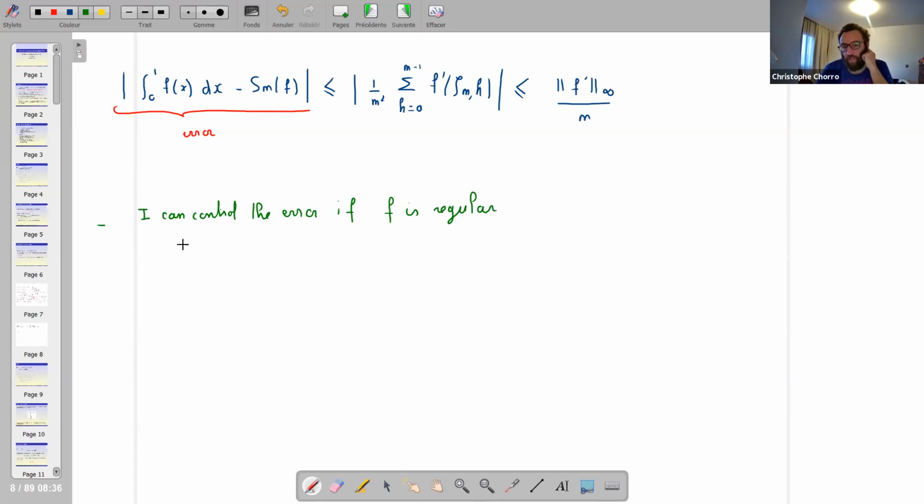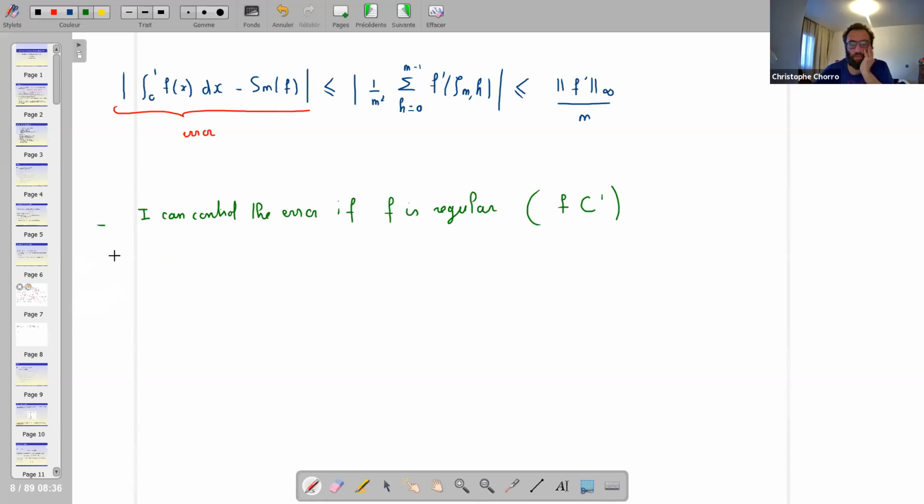I need f to be at least C1 if I want to obtain this inequality here. Typically, if f is not of class C1, I can't apply what I have done previously, and so I can't control my error this way.